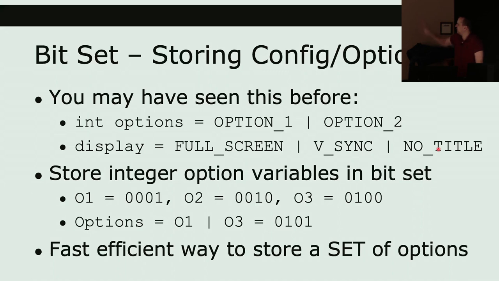If option 1, which might be full screen, has a 1 in the first bit or the last bit, option 2 is a 1 in the second bit, option 3 is a 1 in the third bit, and if we OR them together, now we have our bit set of all the options. So if you've ever seen something like this in a programming language and asked why they are ORing things together, it's because they're using a bit set to store all those options. So it's a very fast, efficient way of storing a set of options.